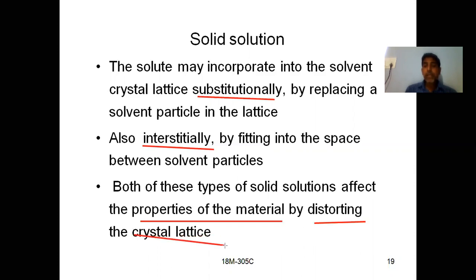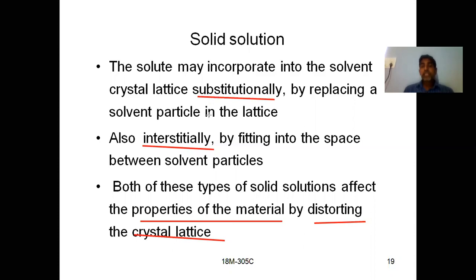So what will happen to the crystal lattice when solute atoms are incorporated, either substitutionally or interstitially? The crystal lattice can be distorted. When the crystal lattice is distorted, the properties will be affected. These things we should remember.